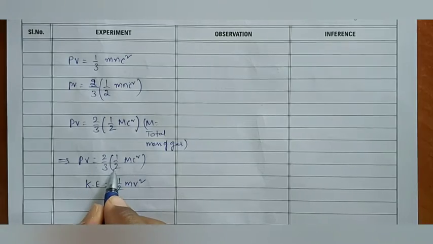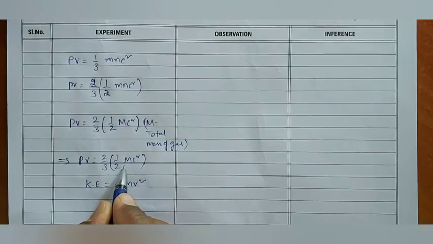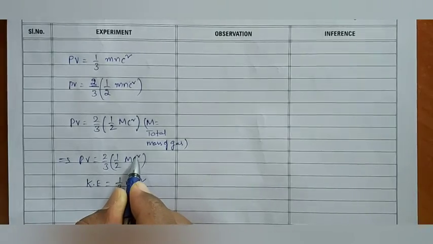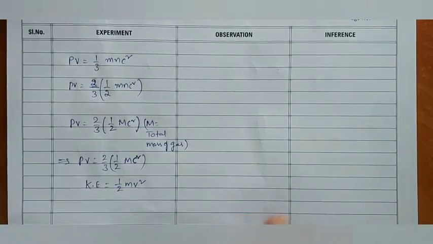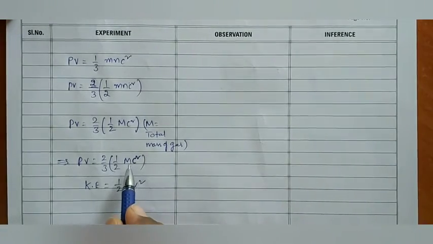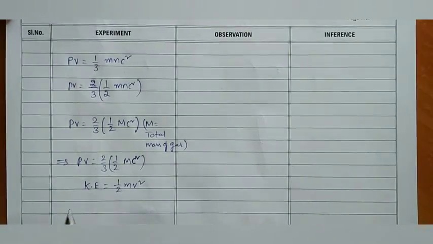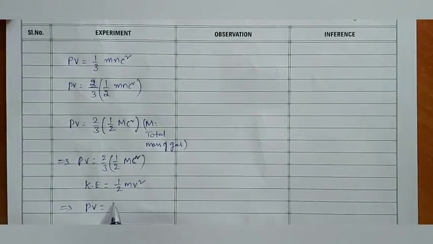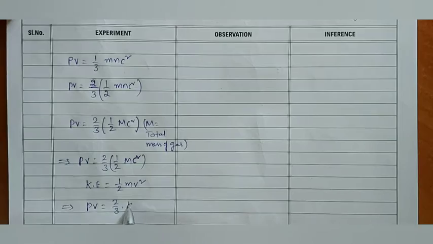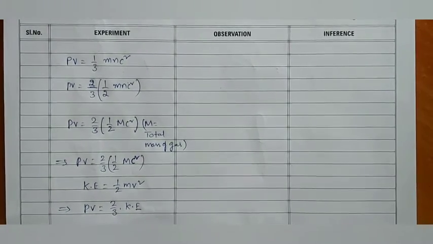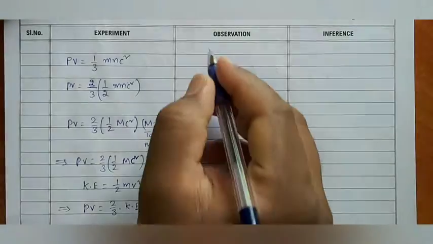Here half is there, m is mass of the gas, c is velocity of the gas, which is called RMS velocity. Then this half Mc square, we can write it as kinetic energy. So this implies PV is equal to 2 by 3 into kinetic energy.